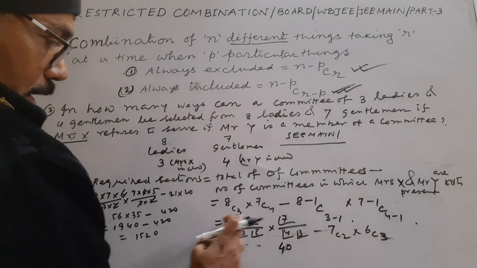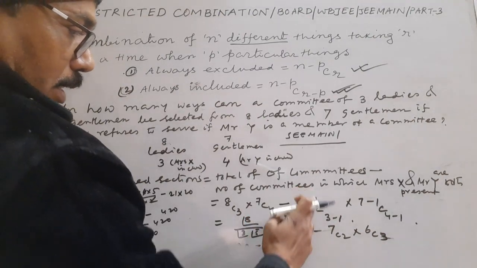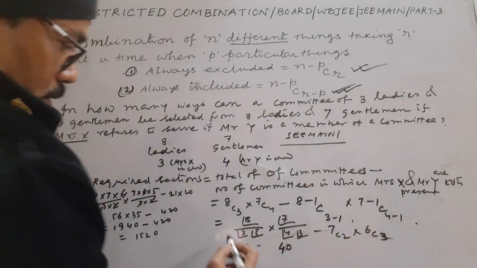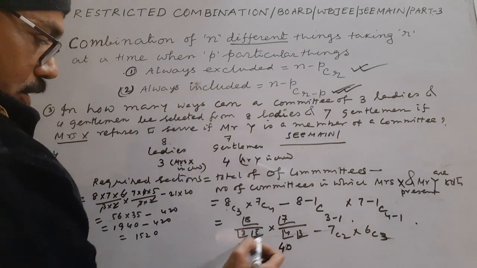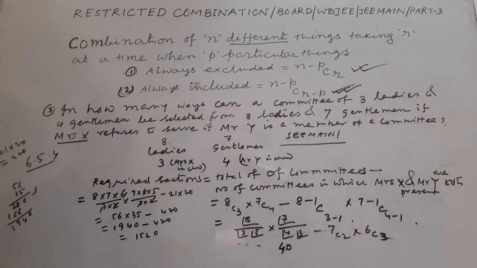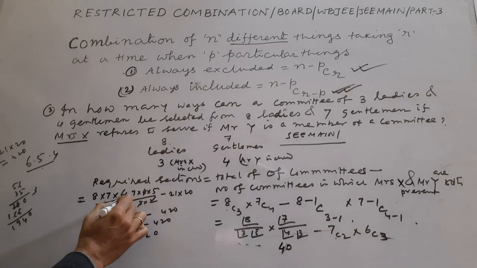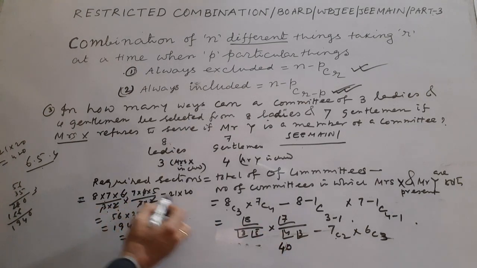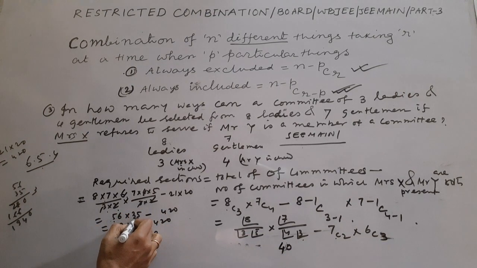Now 8C3 into 7C4 minus 8 minus 1 C 3 minus 1, 7 minus 1 C 4 minus 1. So 8C3 into 7C4 and 7C2 into 6C3. Now 8C3 equals 8 into 7 into 6 over 3 into 2, and 7C4 is 7, 6, 5, 4 is cancelled, over 3 into 2. So 56 into 35.